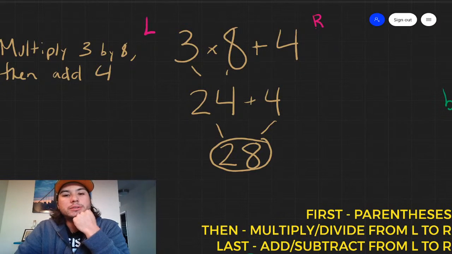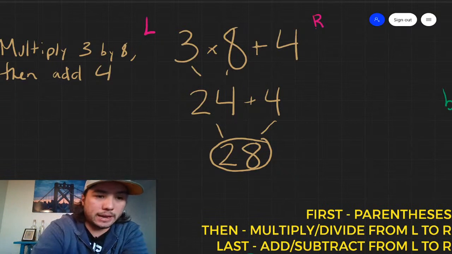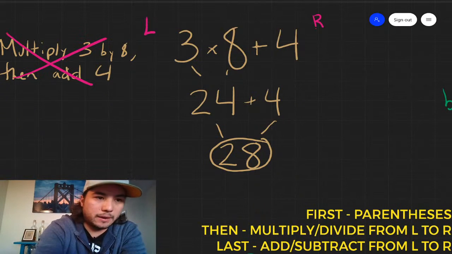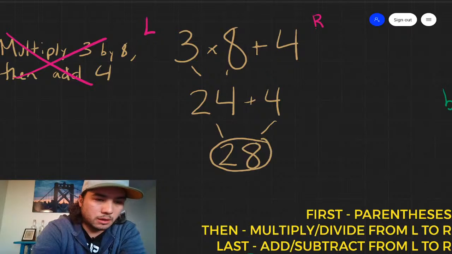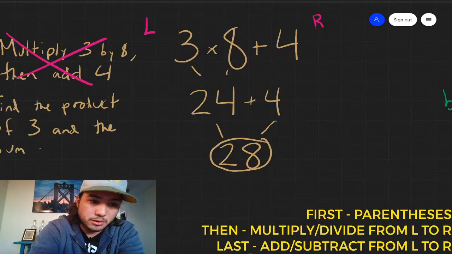But what if you wanted to do the addition first? What if you had, instead of this, a sentence that looked like this? Find the product of 3 and the sum of 8 and 4.